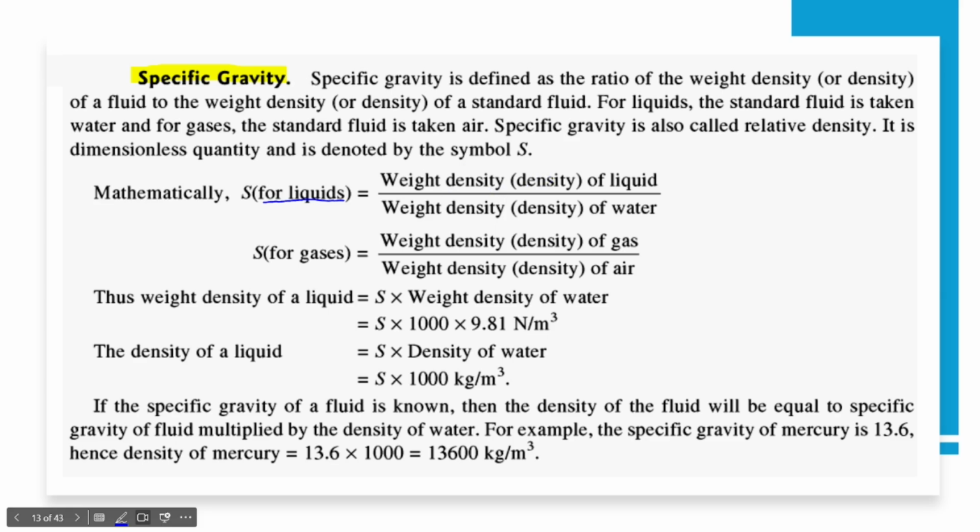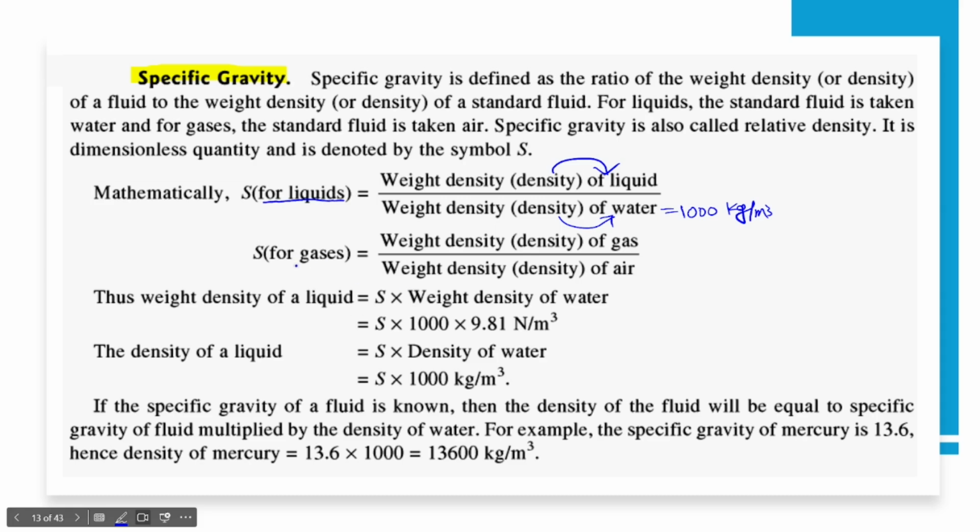If the interviewer asks you what weight density is, you should not get confused because both terms are similar. So the density of the liquid will be divided by the density of water at 4 degrees Celsius, which is nothing but 1000 kg per meter cube, right? So it is the density rho of the liquid by rho of standard water at 4 degrees Celsius. The standard liquid is water, right?